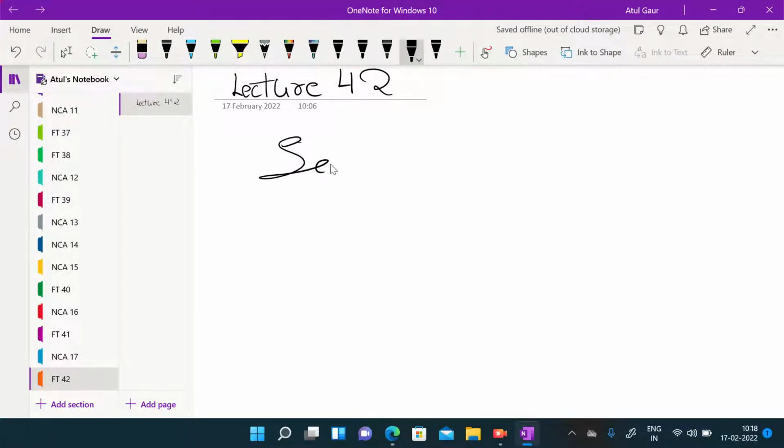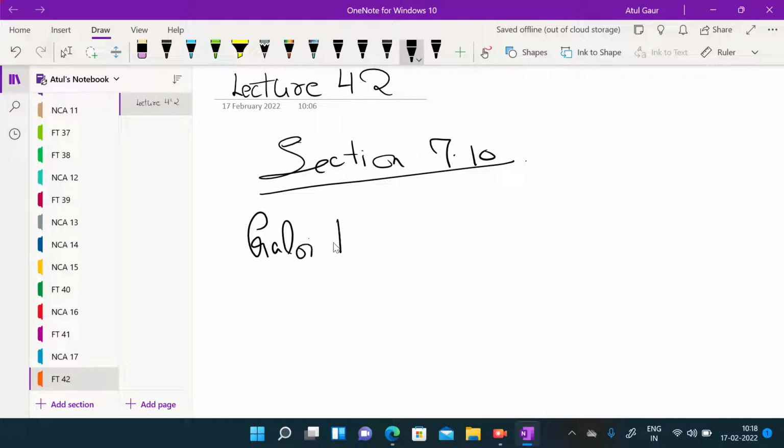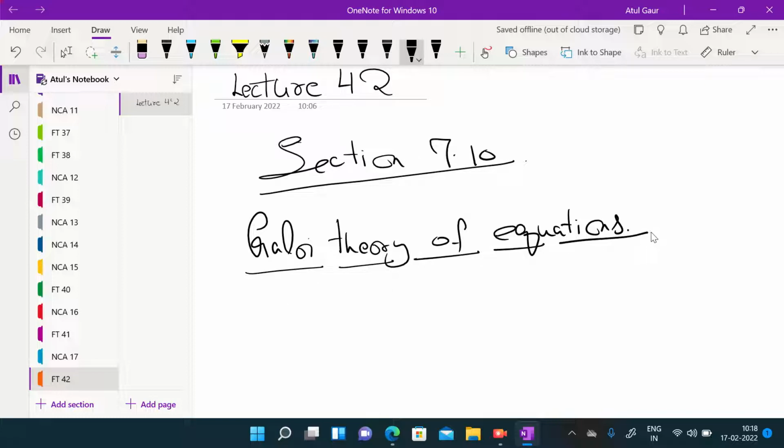So it's section 7.10 and it's related to Galois theory of equations. All right.